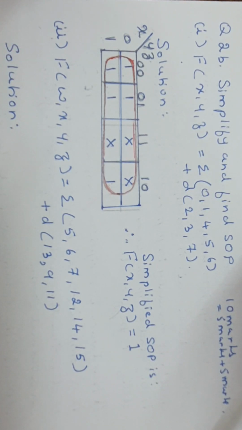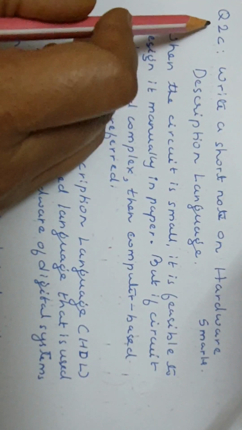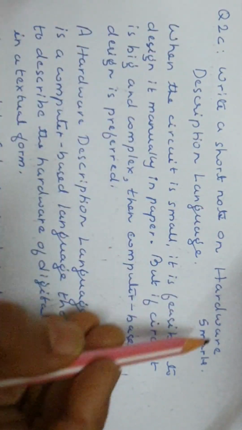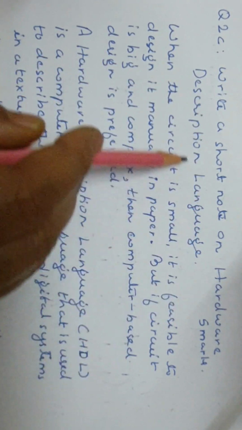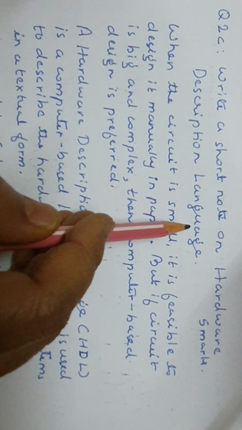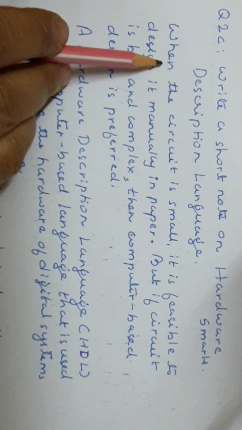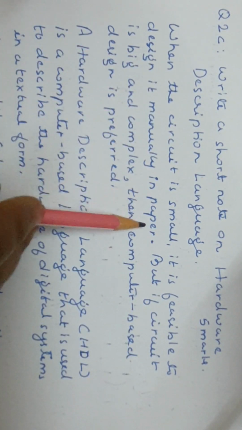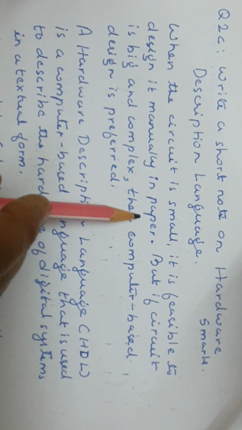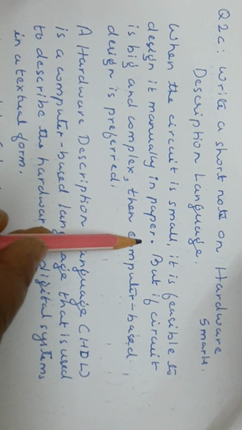I hope you understood. Next we shall solve question number 2c, which is asked for 5 marks. The question is: write a short note on hardware description language, that is HDL. So when the circuit is small, it is feasible to design it manually on paper. So whenever we design any digital circuit, if it is small, we can design it on paper only.